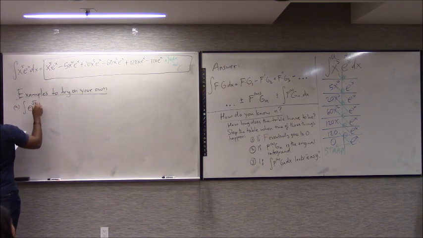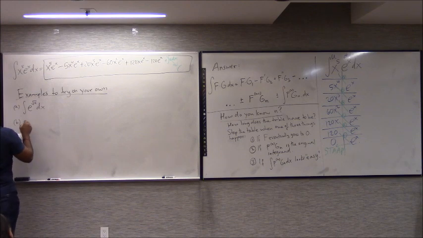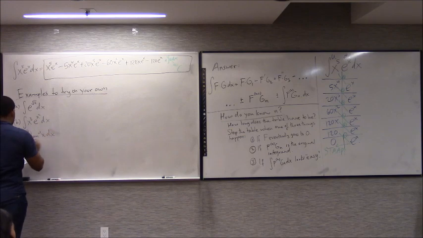E to the square root of x. Right? E to the x squared has no antiderivative, but e to the square root of x surprisingly does. X cubed, e to the x squared. Tan inverse of x.